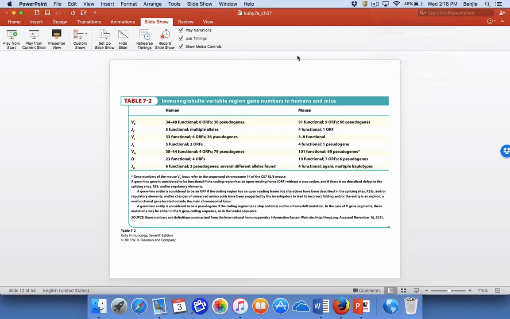Table 7-2, I mean, there's not anything that you have to memorize from this, but just generally glance at it, and what you're going to notice is that there are a lot more variable region genes found in mice than there are in humans. Well, you have to think about it. They're living wild. They're constantly in battles and fighting and exposed to more antigens that may be out there.